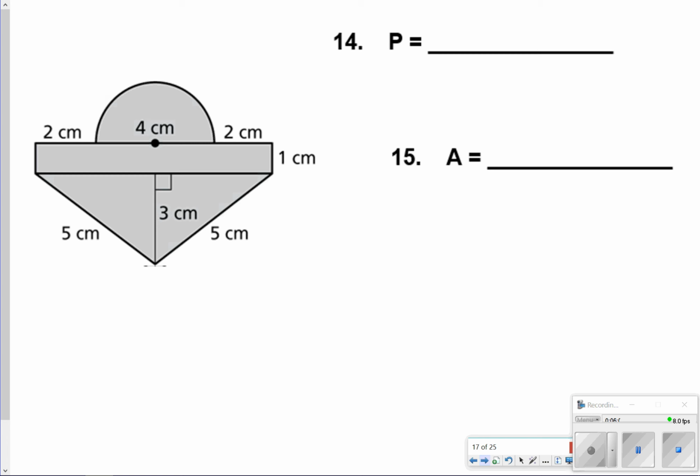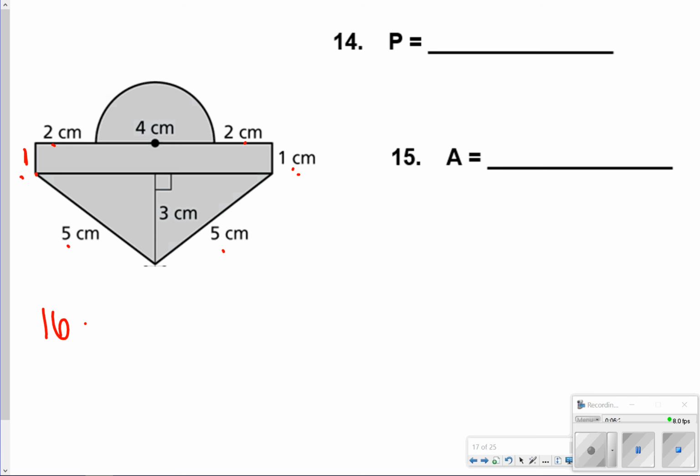The next two, you're going to be finding the perimeter of this big figure. Again, filling in some numbers, you're missing just this 1 over here on the outside. What was easy first is to do 5 plus 5 plus 1 plus 1 plus 2 plus 2. That's 10, 11, 12, 14, 16.